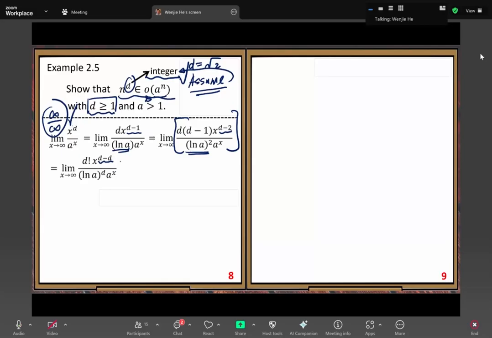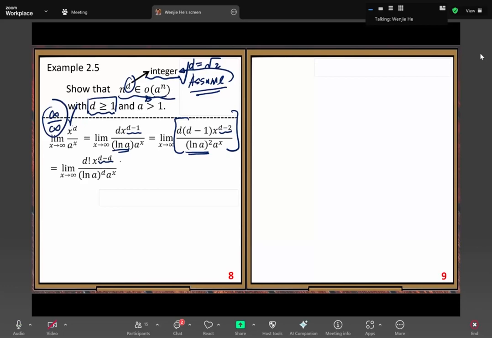That means the numerator is not indeterminate, the numerator is determinate. It's a constant number. That's the end of your L'Hopital's rule application.